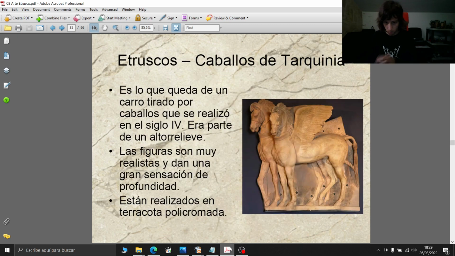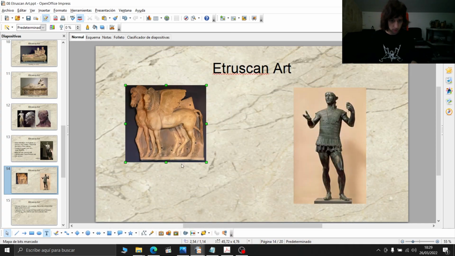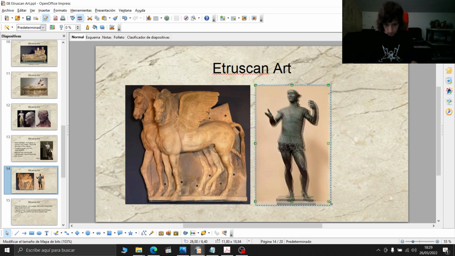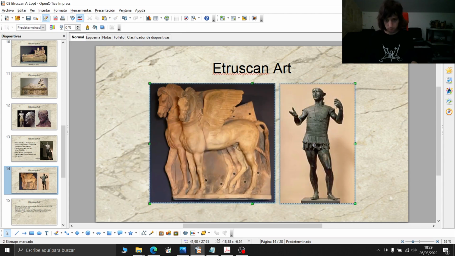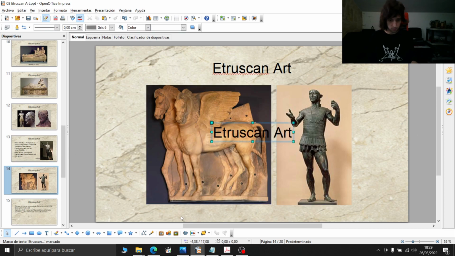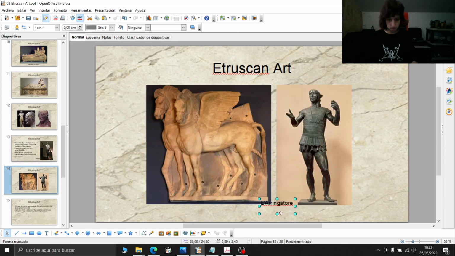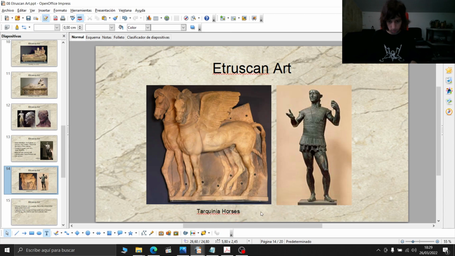This picture is very good, but there's no space for it. Mars. Tarquinia horses.